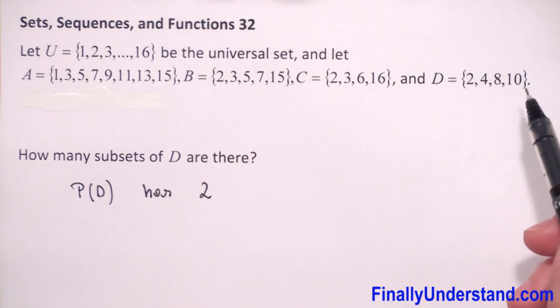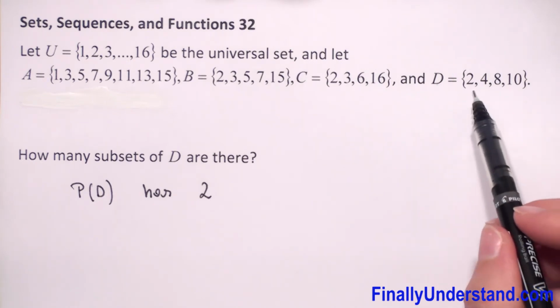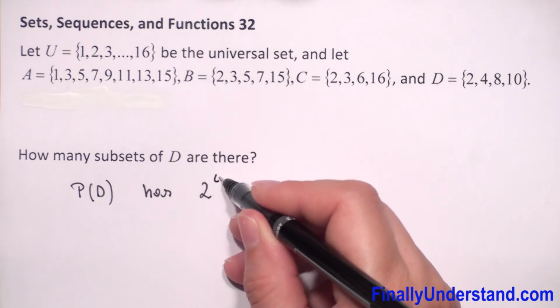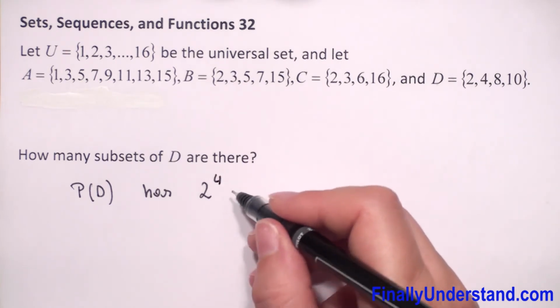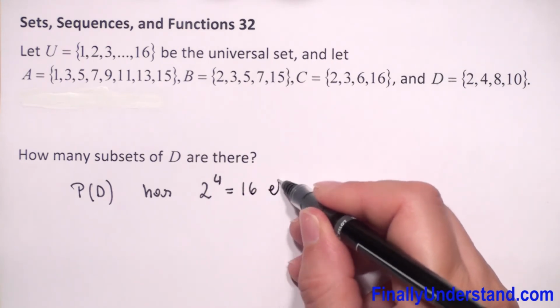We have to count how many elements we have in set D. We have 1, 2, 3, 4 elements. So we will have 2 to the 4th power, which is 16 elements.